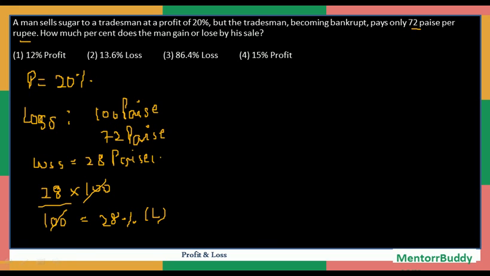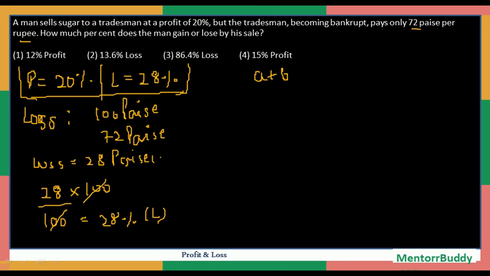We can see the man ideally makes a profit of 20% and a loss of 28%. And as we know, we have to club the two percentages, that is two profits, two losses, or one profit and one loss, always in a successive manner. And that we have already seen, that will be A plus B plus A into B upon 100.